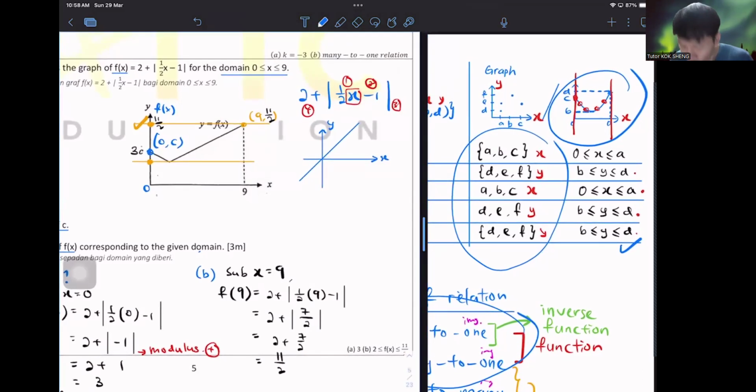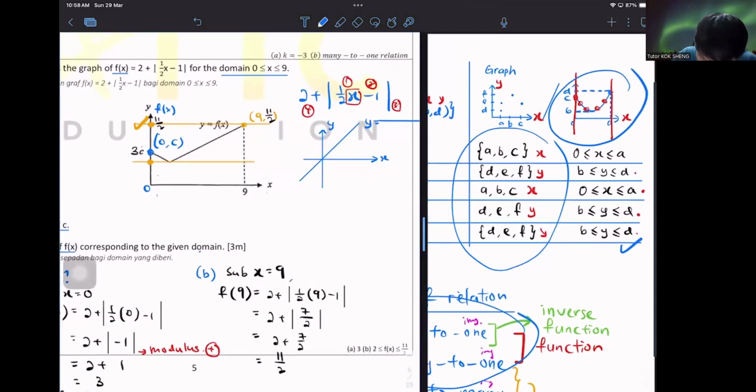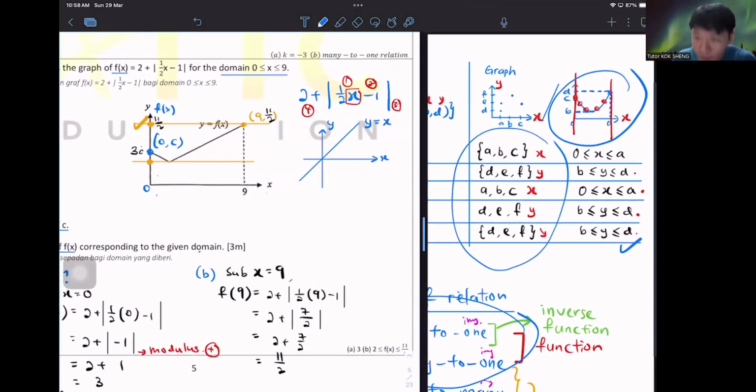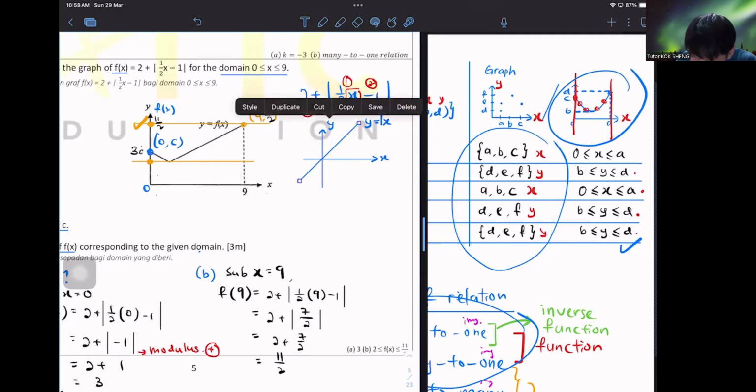I'm not sure whether you know this or not. This one is actually y equals x, which is y equals 1x, right? So now if the number beside the x becomes smaller, you can see that from 1 it becomes 1 over 2, right? So the line will change.